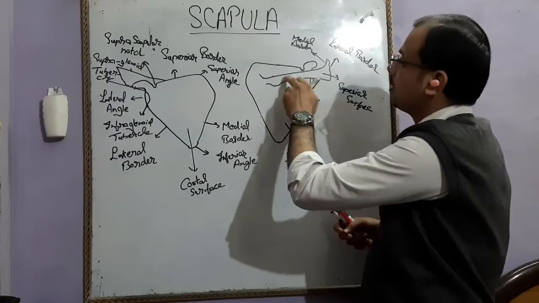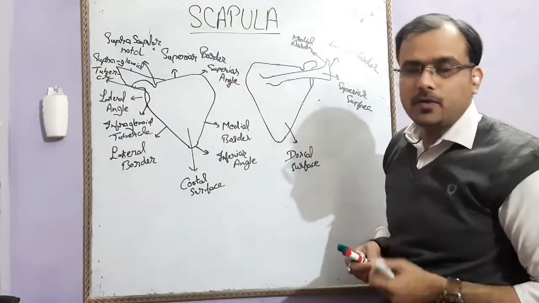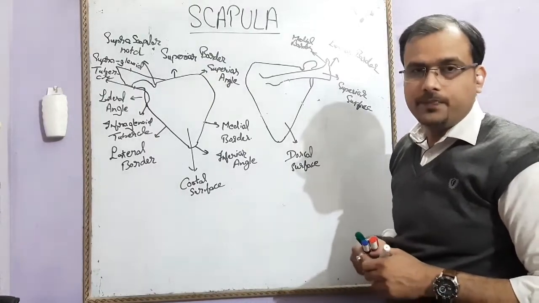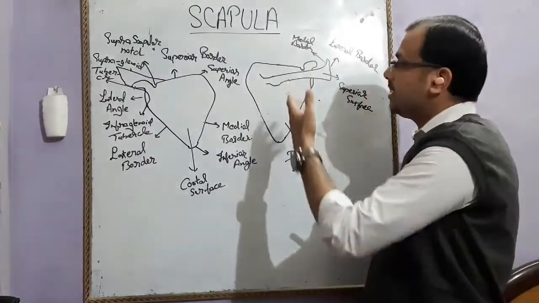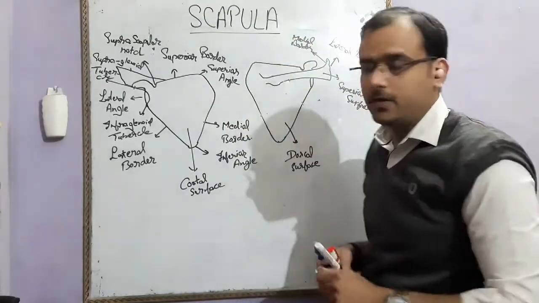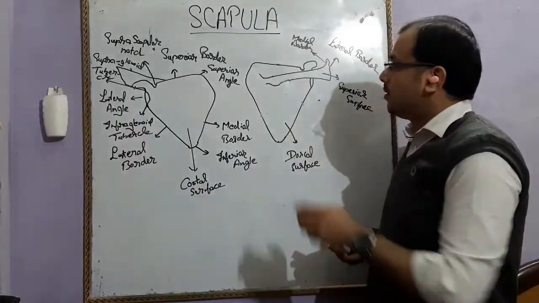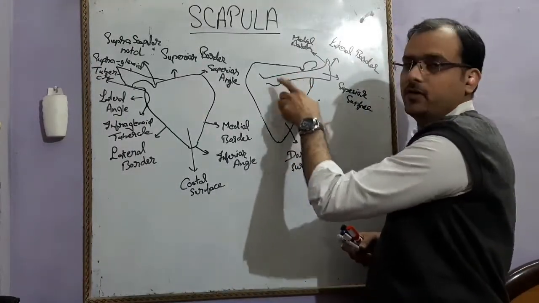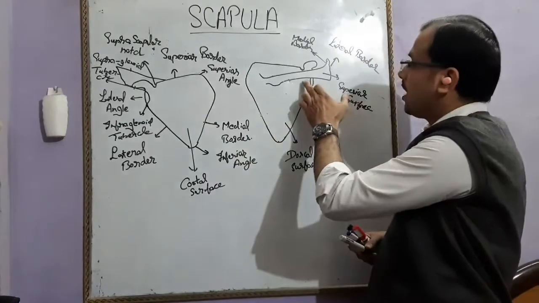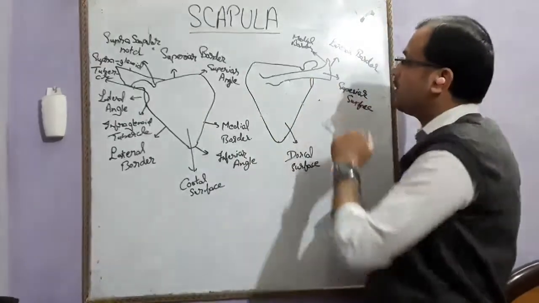Now we will talk about the features of the spinous process of the scapula. The spinous process has three borders: the anterior border, which is fused with the dorsal surface of the scapula; the posterior border, which is free; and the lateral border towards the glenoid cavity.